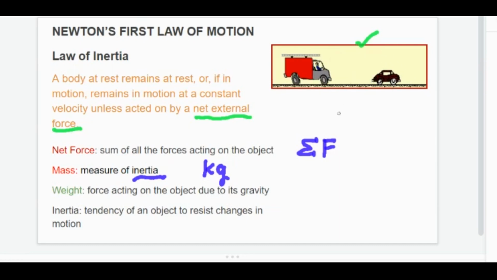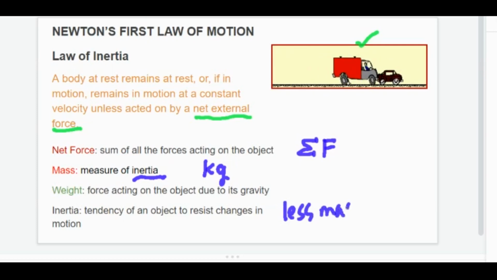So which one will have more inertia? Correct. The van will have more inertia. Why? Because this van will have more tendency to resist changes in motion than the small car. And the car has less inertia. So in other words, less mass means less inertia.